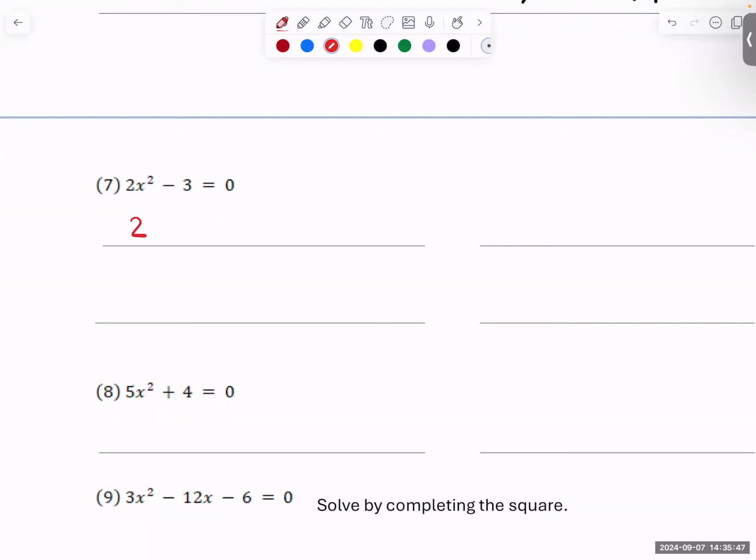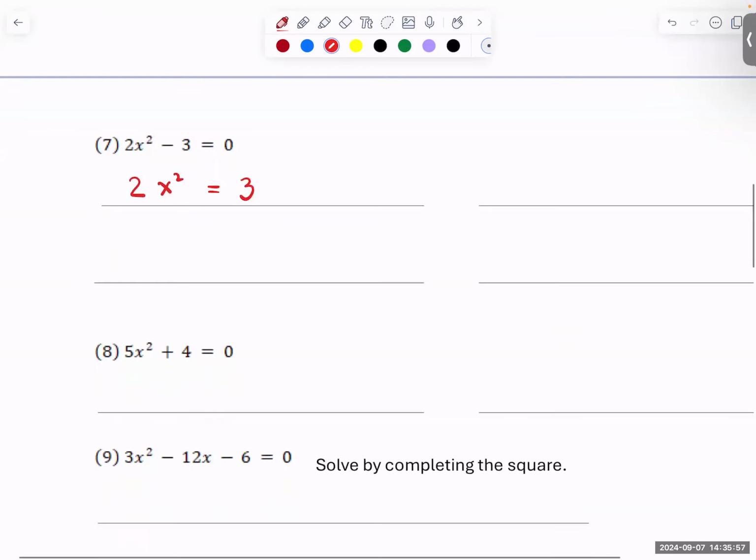In the square root property, the squared term has to have a coefficient of positive 1. So we've isolated the squared term and we've isolated the positive constant. So now we're going to divide by 2 on both sides because we have to have a coefficient of positive 1 for the square root property.